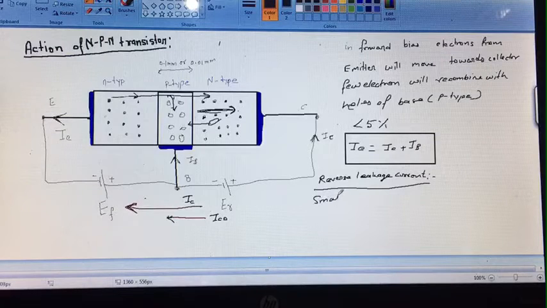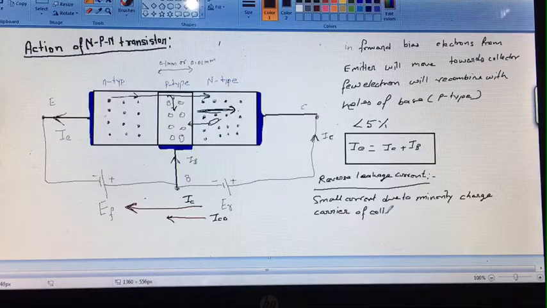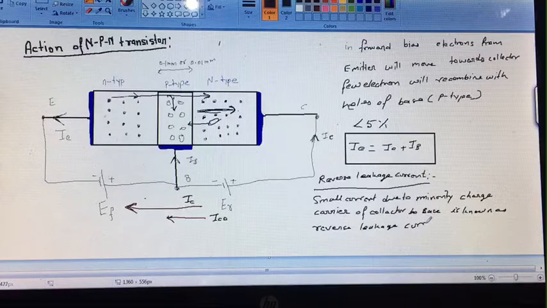A small current due to minority charge carriers of the collector to base junction is known as reverse leakage current. It is represented by ICO.